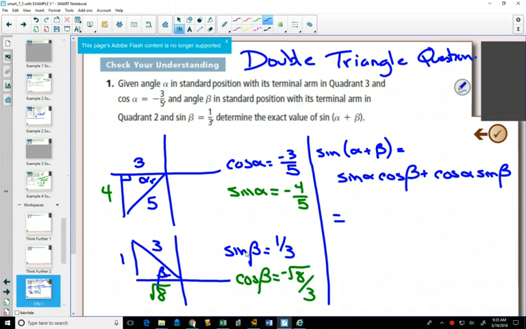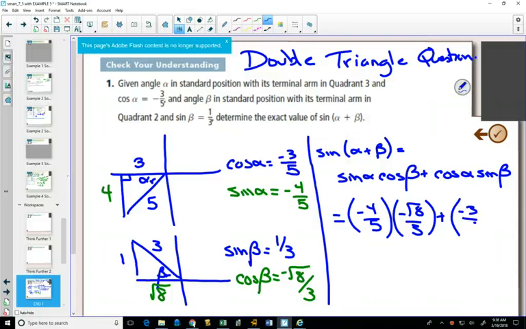You say all of this is negative 4 over 5, and the sine is gone. And then all of cos beta is negative root 8 over 3. All of cos alpha gets replaced with negative 3 over 5, and all of sine beta gets replaced with 1/3.